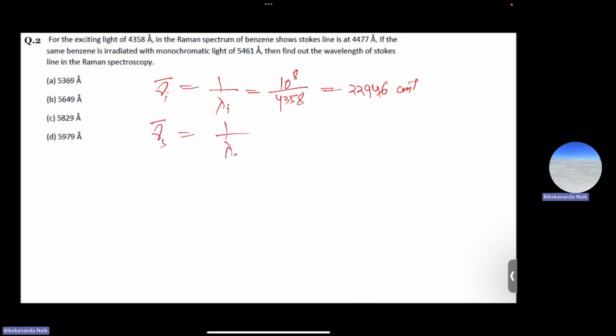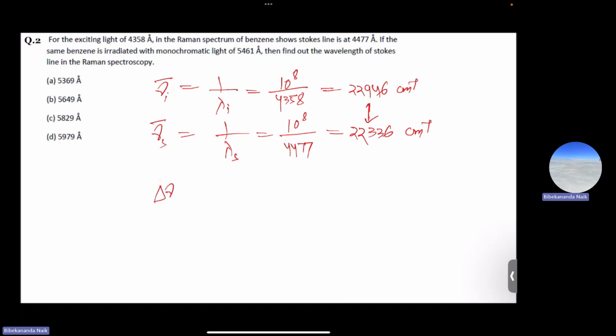Similarly, the wave number of the given Stokes line will be 1 by lambda s, which is 10 to the power 8 divided by 4477, and this is 22,336 centimeter inverse. Now the difference of these two lines will give us the Raman shift.